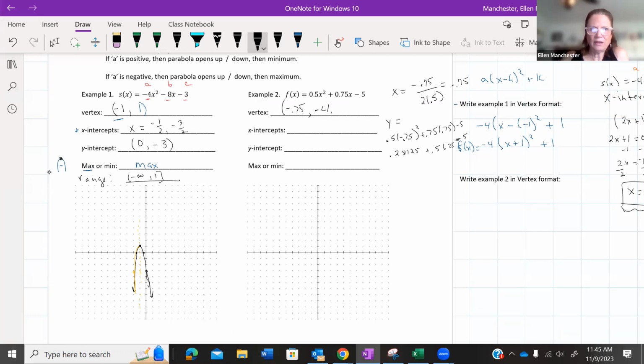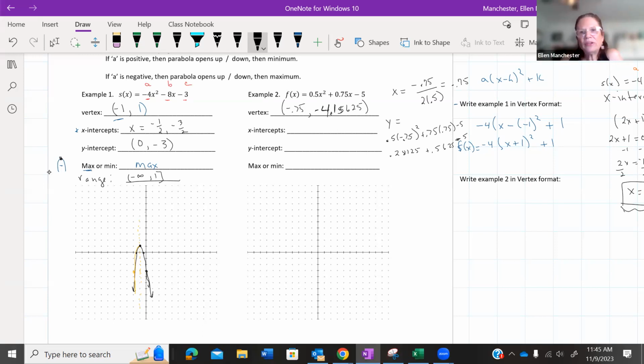So my y value is negative 4.156. Just double checking something. Yeah. Okay. So there's my vertex.